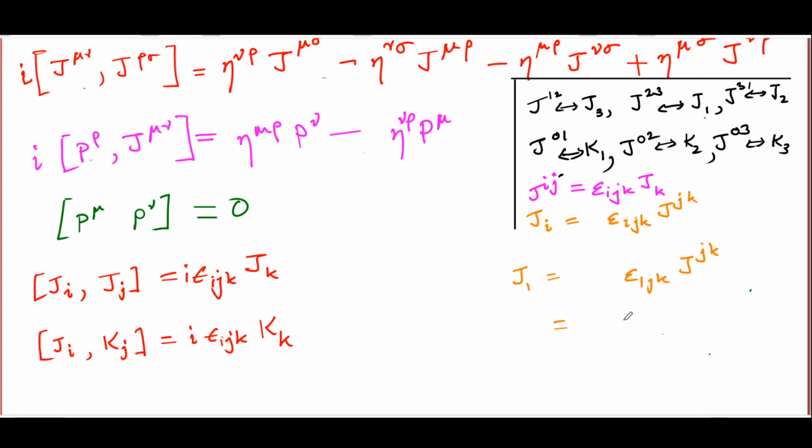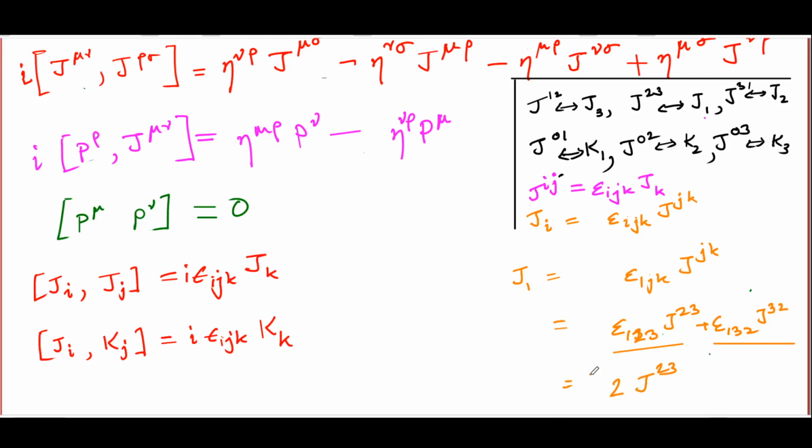So basically this term will be epsilon 123 J23 plus epsilon 132 J32. Now it is easy to see that this term is exactly the same as this term. J32 is minus J23, but epsilon 132 is minus 1 as opposed to epsilon 123, which is plus 1. So what you will get when you add them together is J23 with an extra factor of 2.